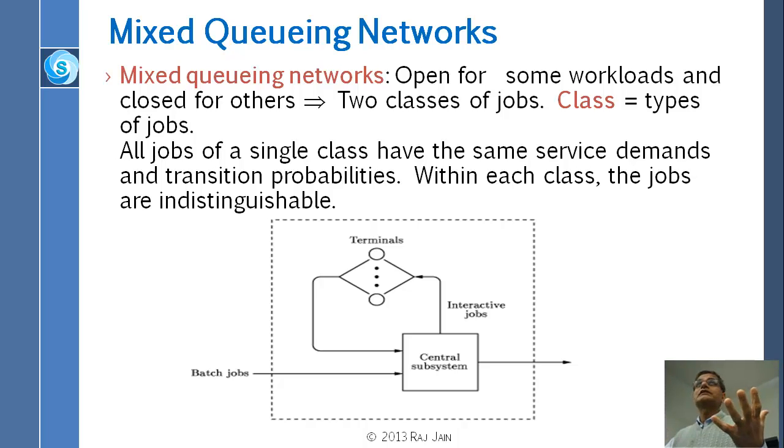Everybody understands what a thin client is, right? So really a terminal, nothing else on your desk. So those 15 people will remain fixed. They will do something, get out, then do some more thinking, do some more, and keep inside the system. Whereas there are some batch jobs running which get in and out. Okay, so that would be a mixed system.